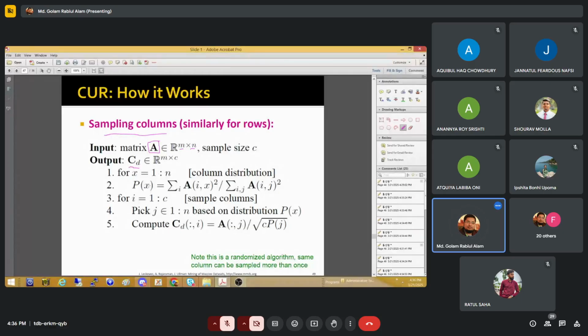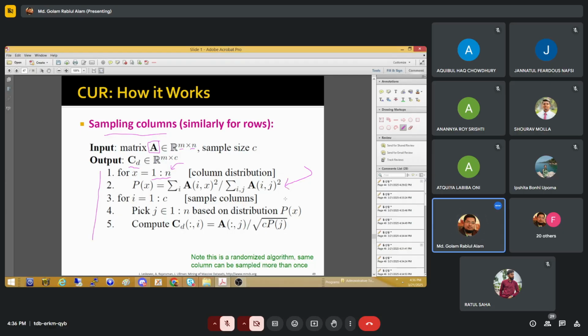So we have to find the columns, and how can we find them? These are the procedures for that. For x1 to n, that means for each and every dimension, since we have n-dimensional data, we have to generate a probability vector.